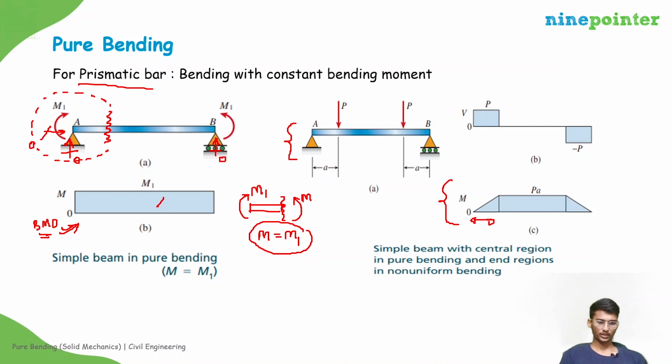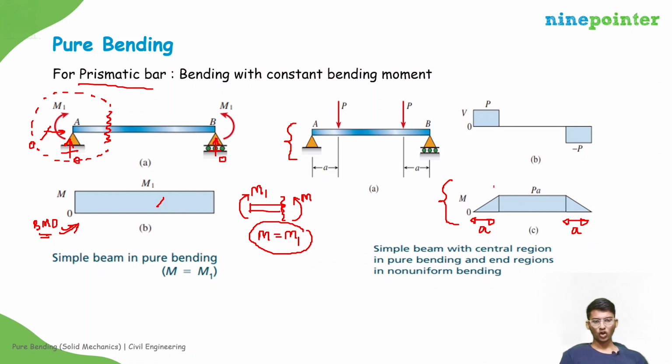This length will be a and this will be a. If you observe the bending moment diagram, the central region has constant bending moment, and at the edges it is non-uniform. So the beam is under pure bending in the central region and in non-uniform bending at the edges, right?